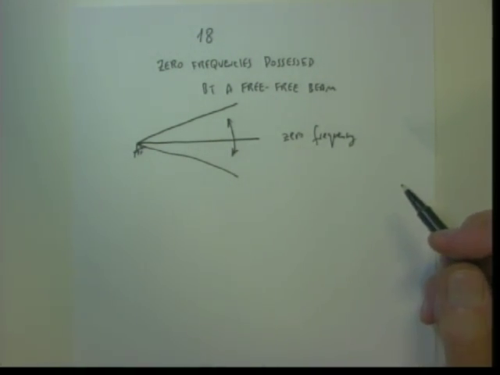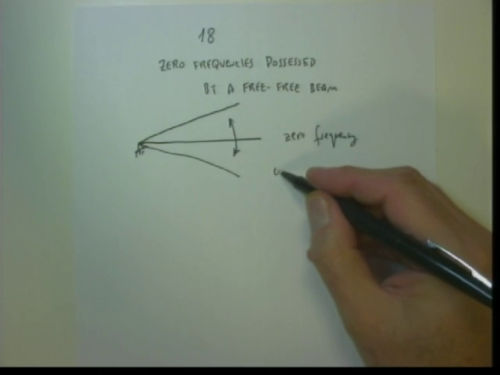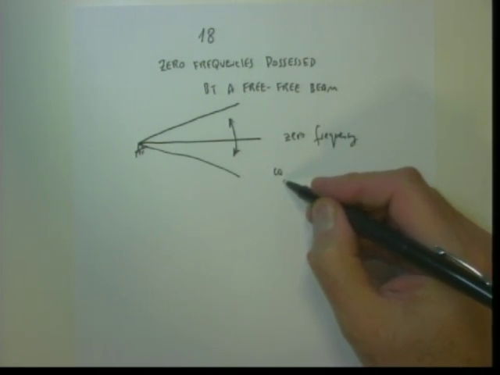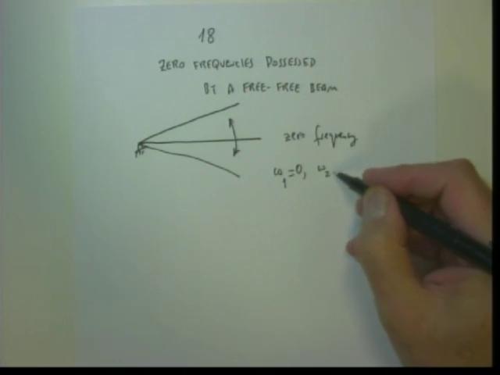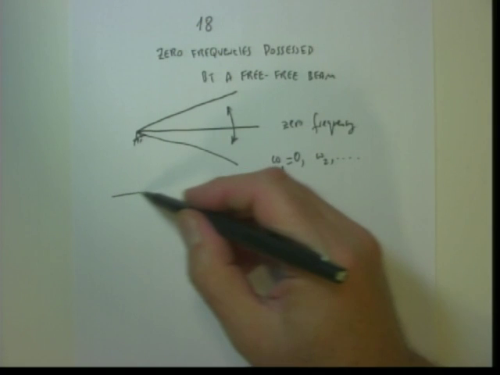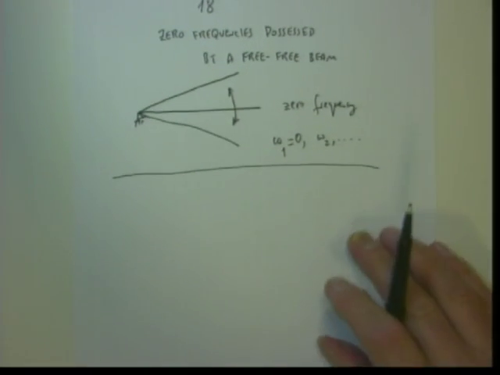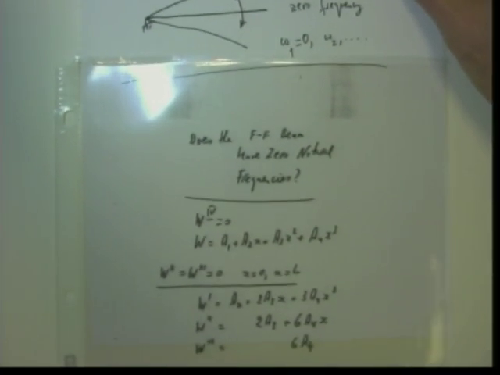This beam moves like a rigid body, rotates, and this actually corresponds to the first natural frequency equals 0. Then there is, of course, the second natural frequency, etc. Now we would like to ask the following question, whether or not a free beam has zero natural frequency.